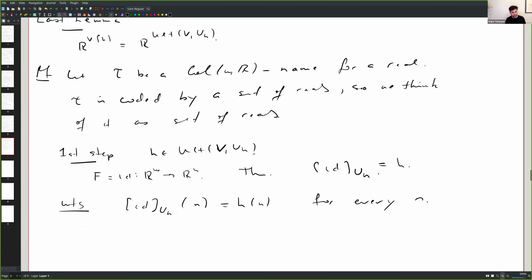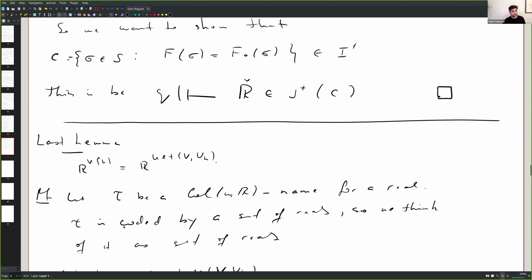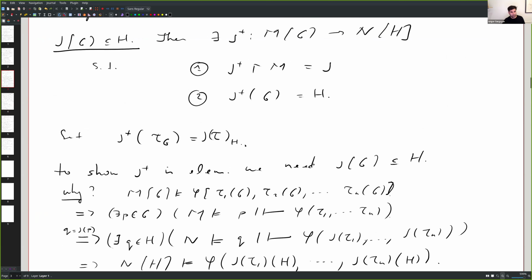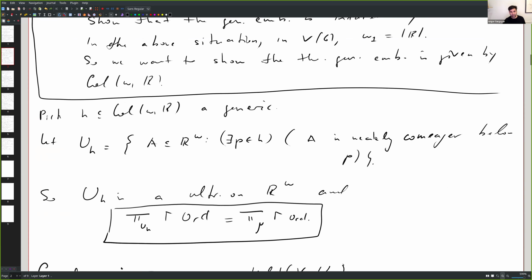So we want to prove that the set A is weakly comega below P. What does it mean to be weakly comega?